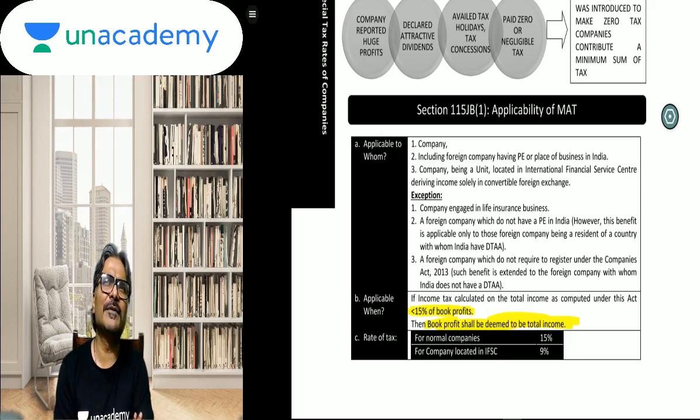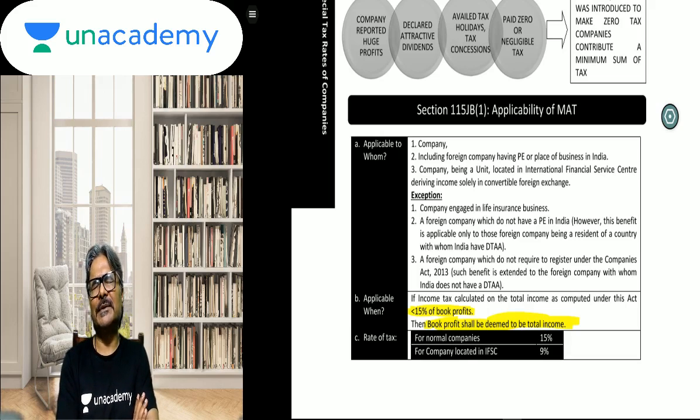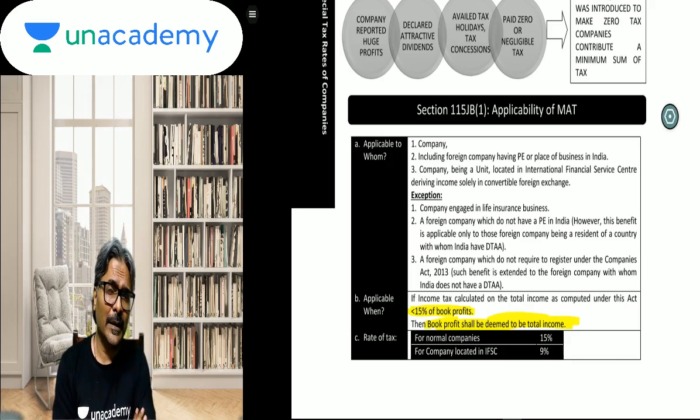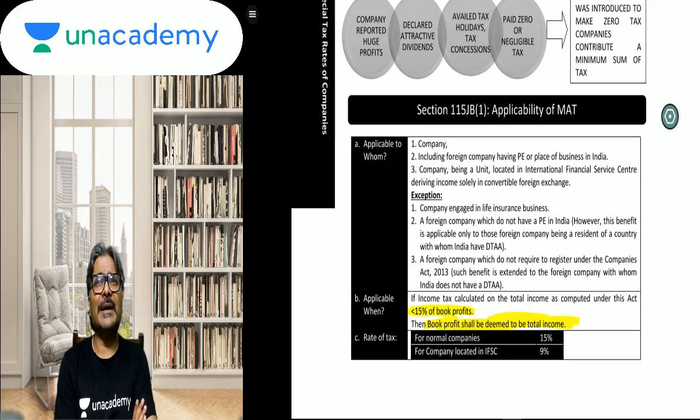The reason was this, students: the company tax rate, you will find in the next particular chapter that we will do, the alternate tax regime. There the company's minimum tax rate has become 15%. So if the normal tax rate for a company has become 15%, the MAT rate cannot be higher than 15. As the name suggests, it has to be a minimum tax.